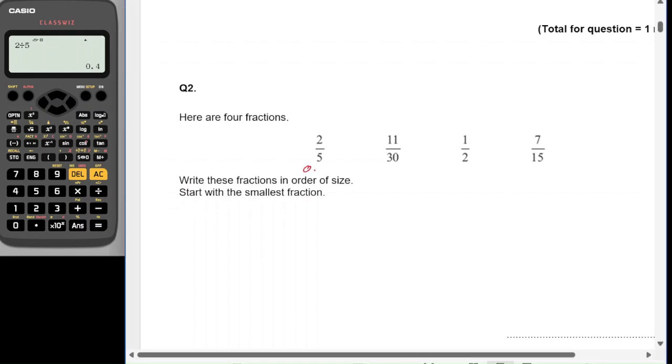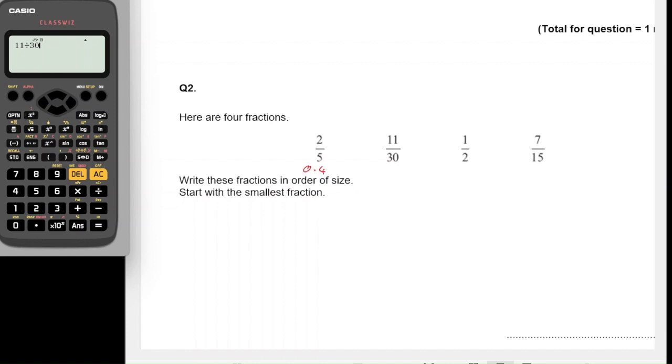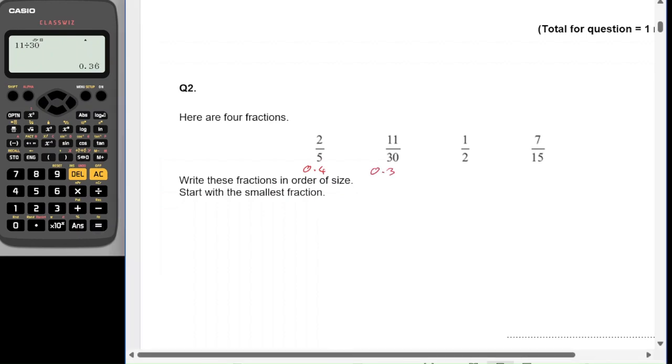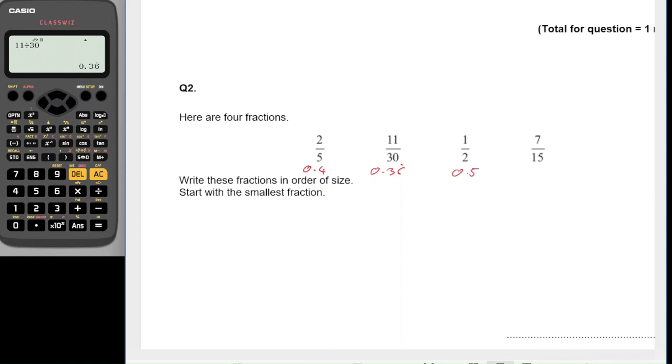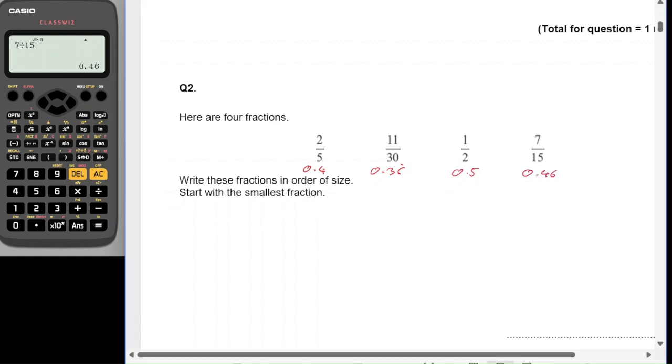So convert them all into decimals first of all, because decimals are much easier to order than fractions if we don't have them in the same format, so the same denominators. 1/2 is 0.5, I'm sure you're happy with me doing that one with the calculator. And 0.46 recurring. The recurring is important.